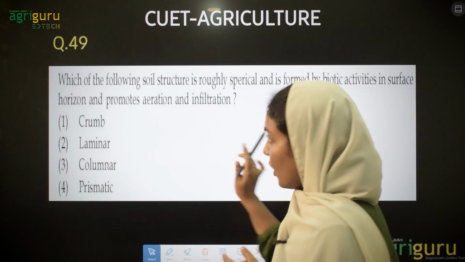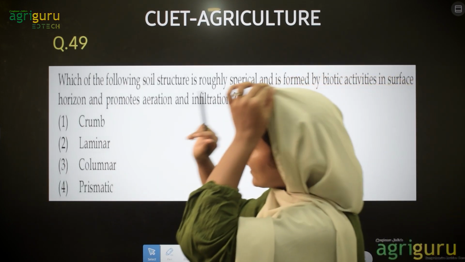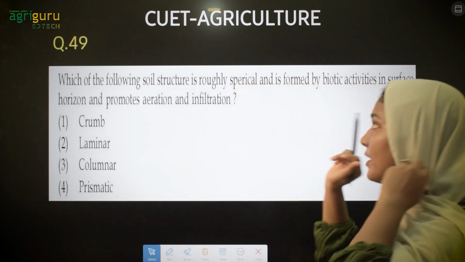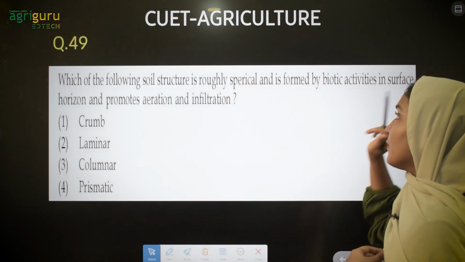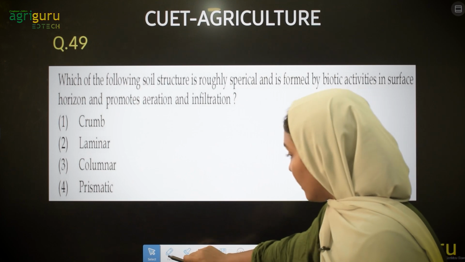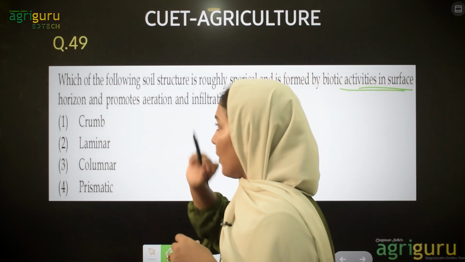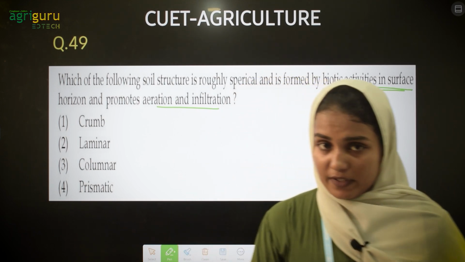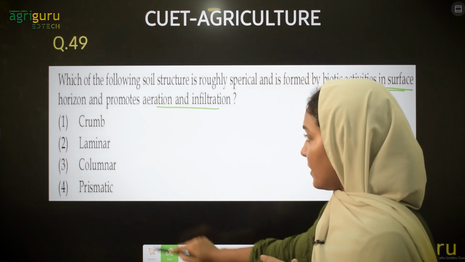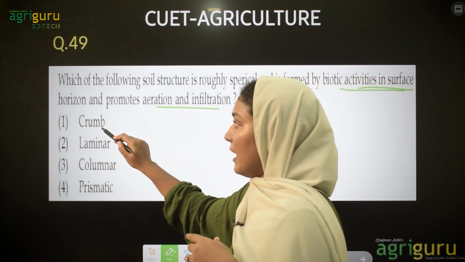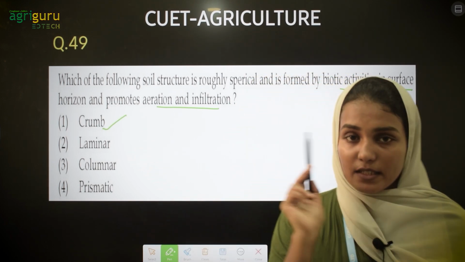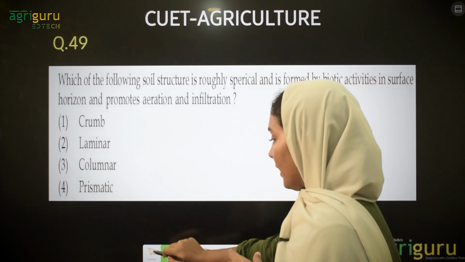Next question, the 49th. Which of the following soil structures is roughly spherical and is formed by biotic activity? Biotic activities in the surface horizon promote aeration and infiltration. The answer is crumb soil, option number 1.